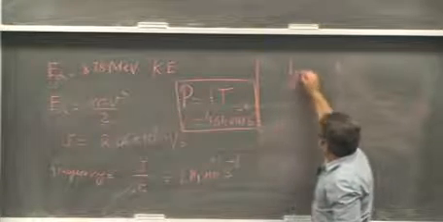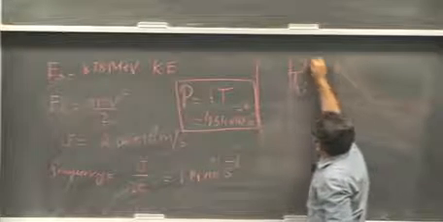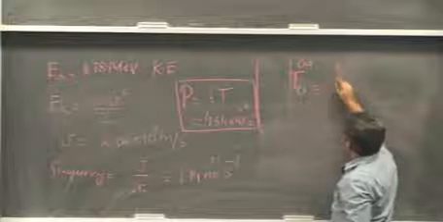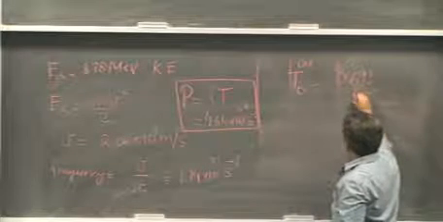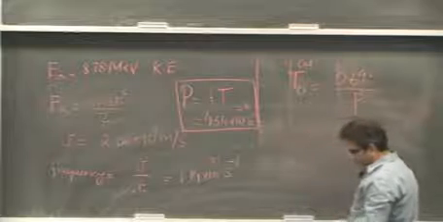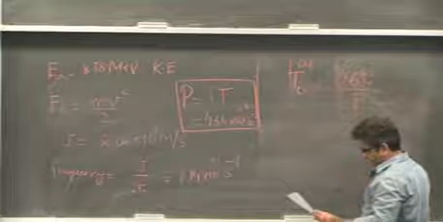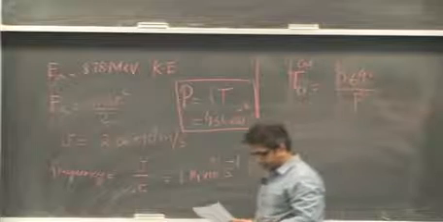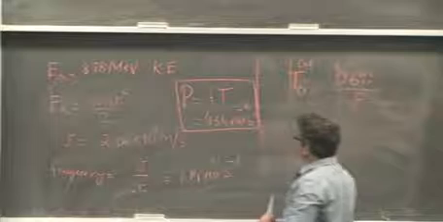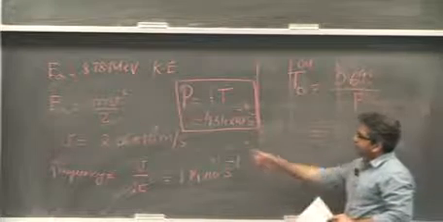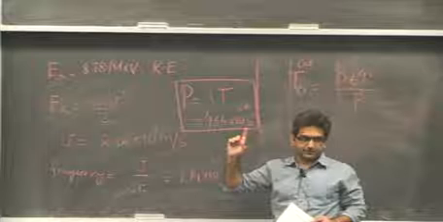So T naught calculated from this model will be divided by T. T is the probability of emission, right?